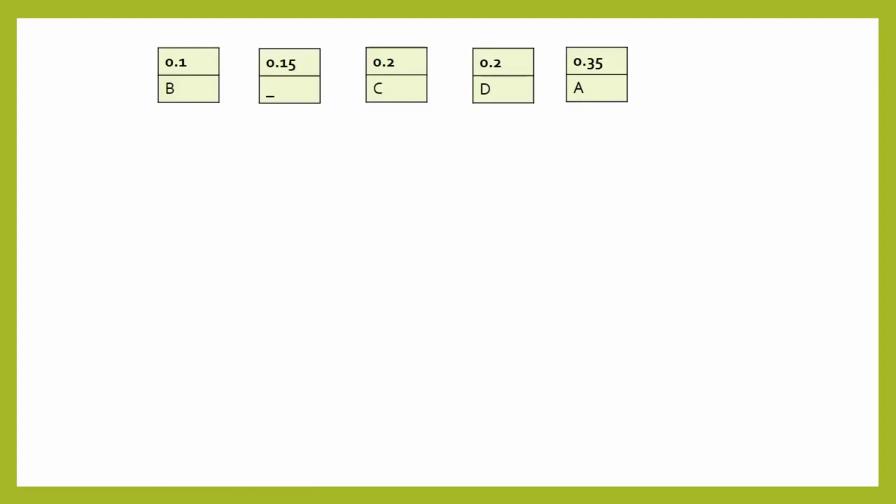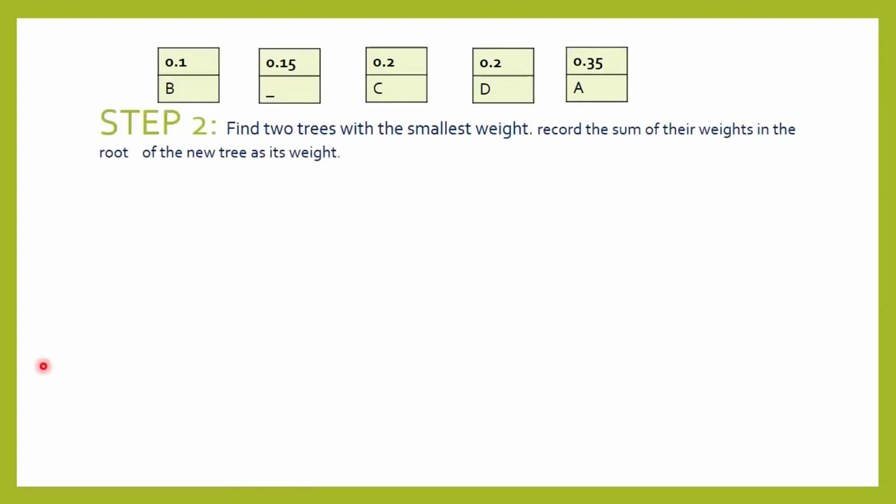The algorithm says find two trees with the smallest weight and record the sum of their weights in the root of the new tree. From the one-node trees, we can see that these two trees have the smallest weight. So let's form a new tree with these two nodes.